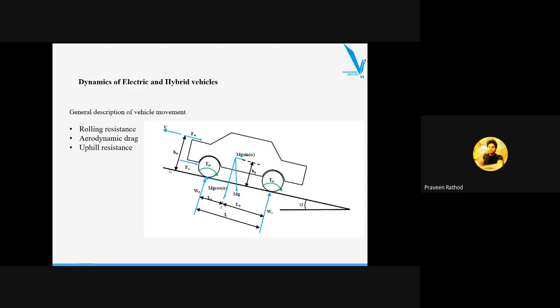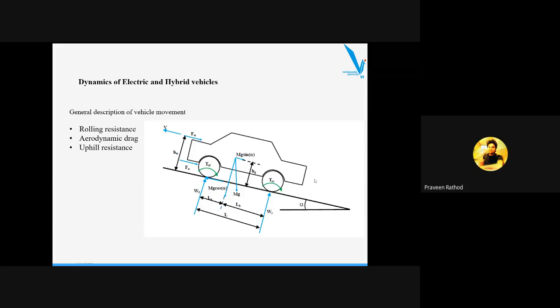HG, HA, HW, and one more force is acting over here in the backward direction. When we connect a vehicle with the help of a trailer, we call it draw bar pull. So if I connect a trailer to this, one more force is acting in the downward direction, that is the draw bar pull.